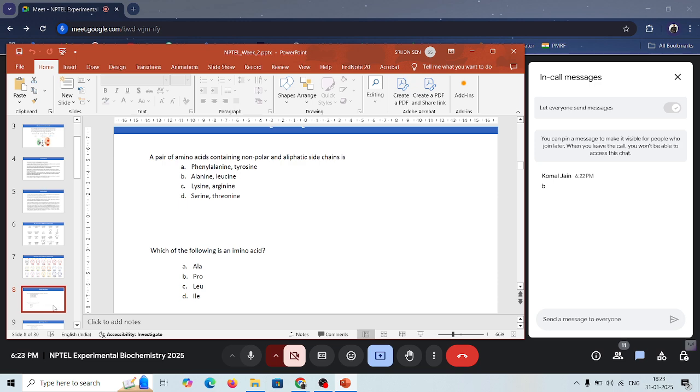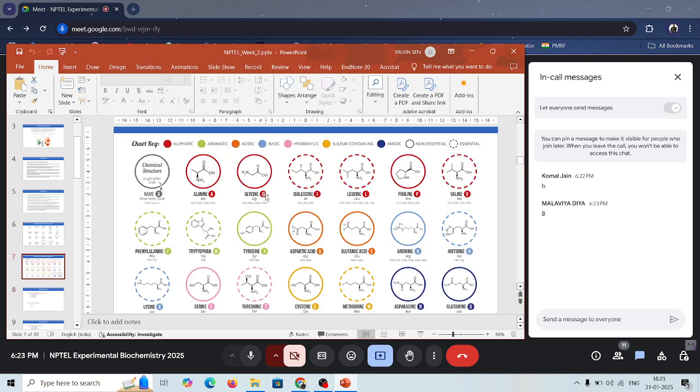You have serine and threonine. B. Yeah. So let's see. Aliphatic, let's first identify the aliphatic ones. The aliphatic ones are your alanine, glycine, isoleucine, leucine, proline, and valine. The others are not. So first you have to identify that.